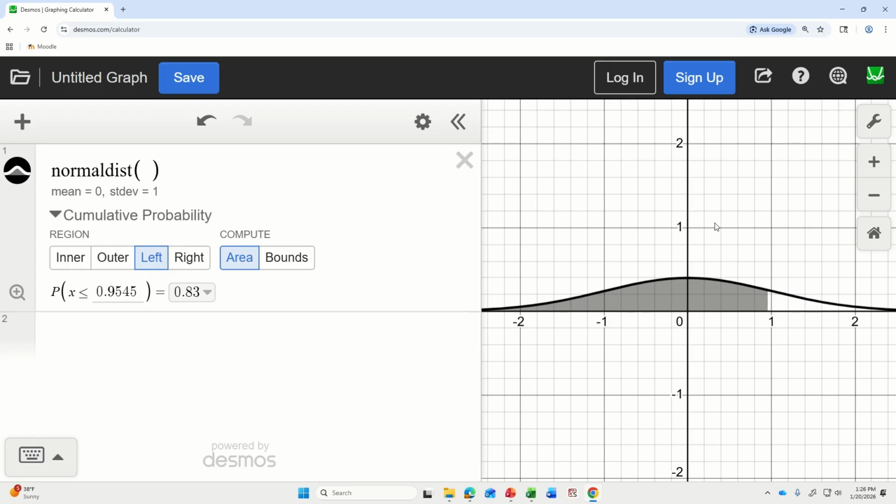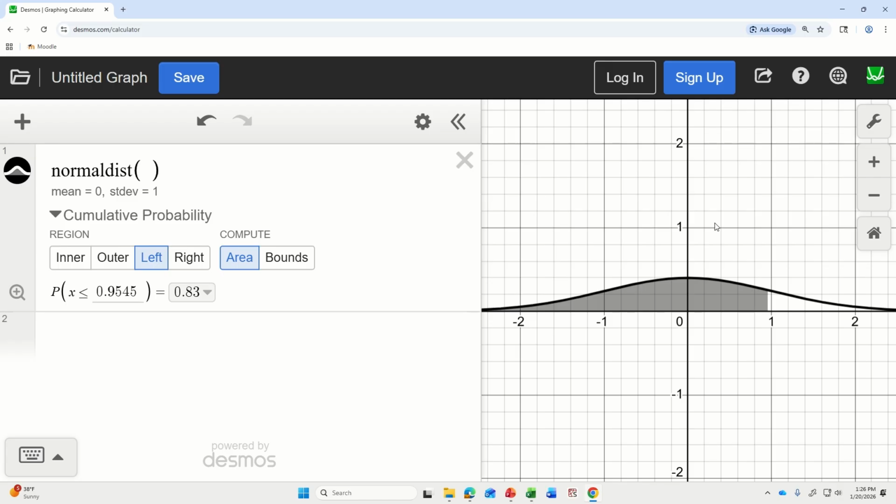You go to the Func button, you scroll down to probability distributions, you select normal dist, you click the drop down arrow next to cumulative probability, you have to select left for the region, and then in the blank where it says the probability x less than or equal to, that's where you type your z-score. We just calculated our z-score as 0.9545, so that's what I type in the blank.